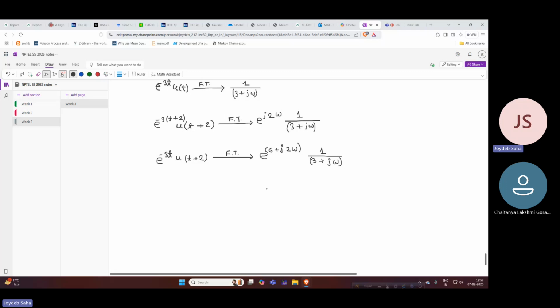Okay, now we will apply the time reversal property. So applying the time reversal property, we will get e to the power 3t u of (minus t plus 2).